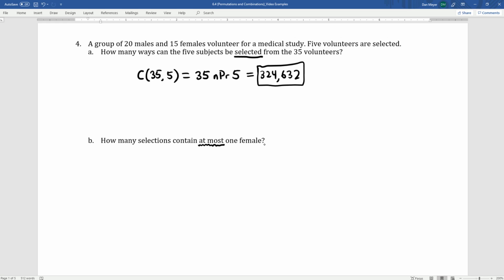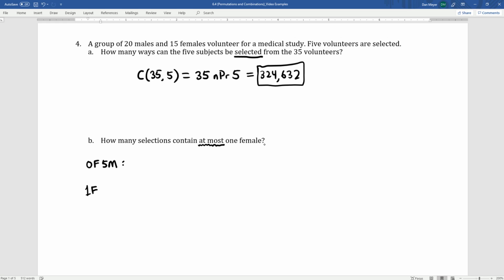And one of the things that we can do in those problems is partition or write down cases. Okay? And so at most one female means either there are 0 females or there is 1 female. Okay? For 0 females, if I have 0 females, then I also need to have 5 males.